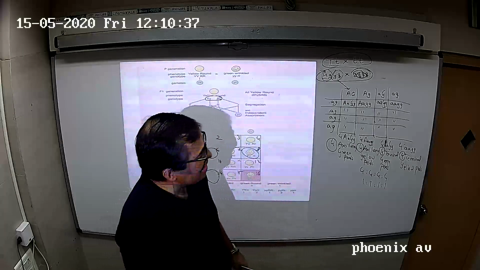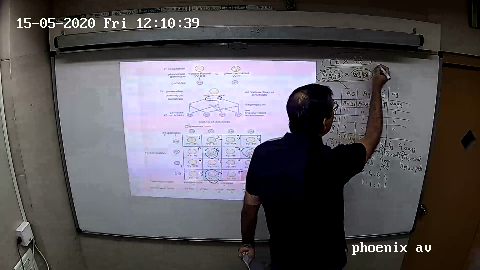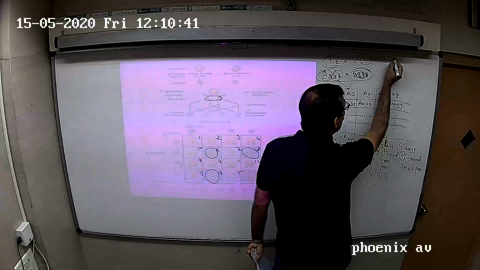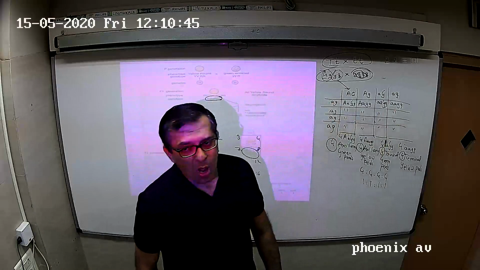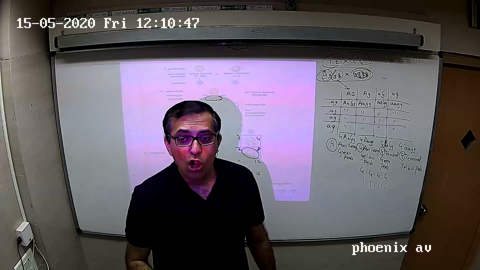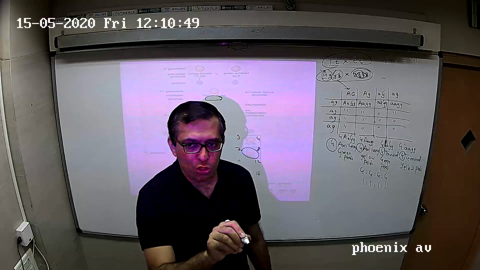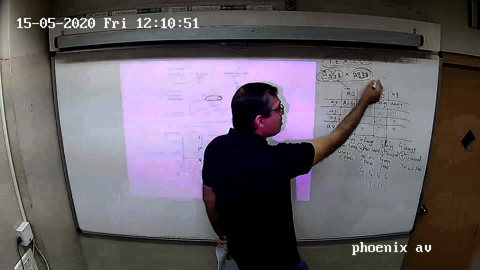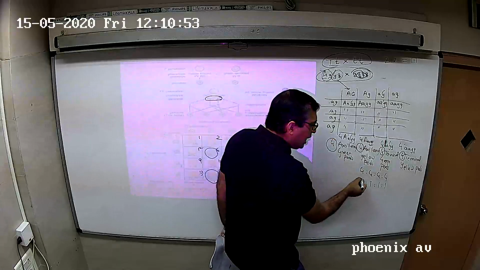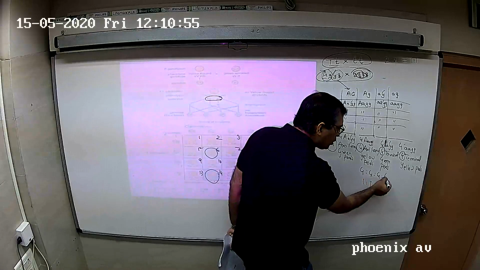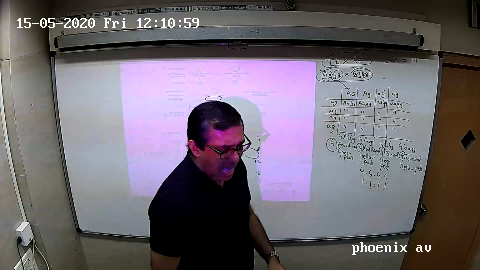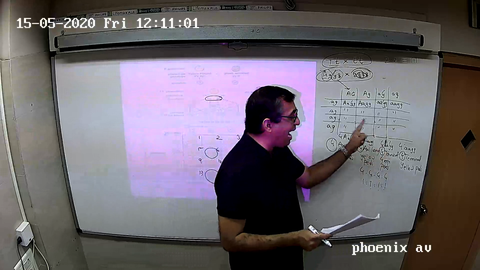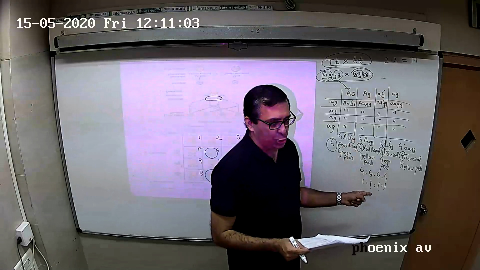What is your monohybrid test cross ratio? 2 is to 2, in other words 1 is to 1. A dihybrid test cross ratio is 4 is to 4 is to 4 is to 4, that is 1 is to 1 is to 1 is to 1.